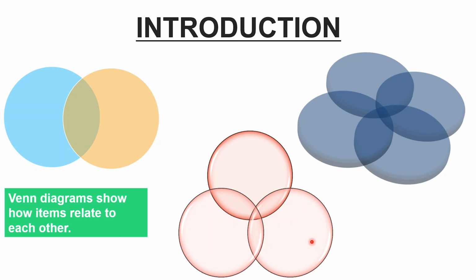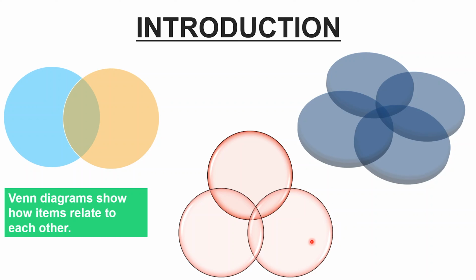Look at this. Have you noticed what the Venn diagram is about? There are several ways to draw Venn diagrams. By looking at these, you can get a slight idea about a Venn diagram. Actually, what is a Venn diagram?